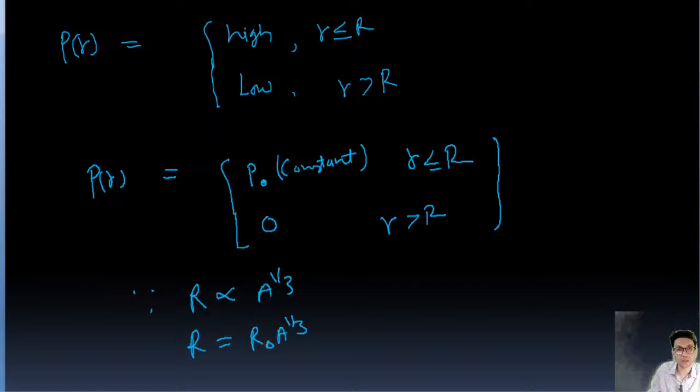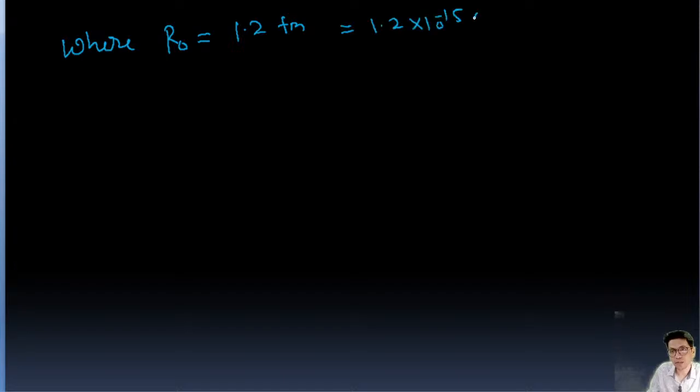This is an important result: R equals R naught A to the power 1/3, where the R naught value is 1.2 fermi, or we can write 1.2 into 10 to the power minus 15 meter.